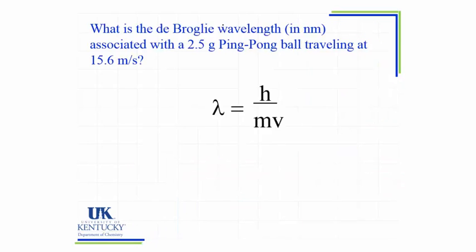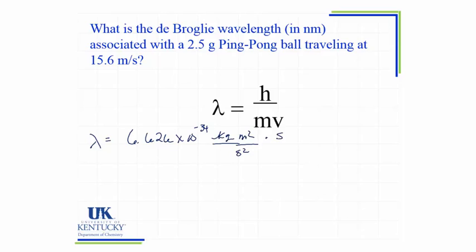Now this one is a silly problem dealing with a ping pong ball. But any particle can have this wave nature. We just don't really observe that wave nature with something as large as a ping pong ball, and let's see why that is. Wavelength would be equal to Planck's constant, 6.626 times 10 to the minus 34 joules times second, and a joule is a kilogram meter squared per second squared, and then times seconds.